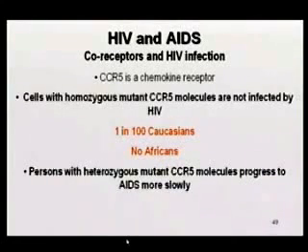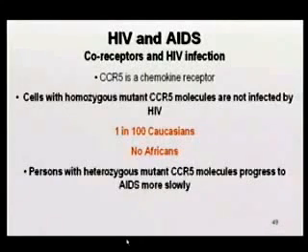You can have unprotected sex with whoever you like, and luckily, you don't get infected by AIDS. So that shows how important these chemokine receptors are as co-receptors with the CD4 antigen at bringing the virus into the cell and causing a productive infection.